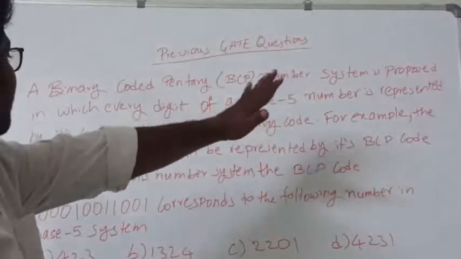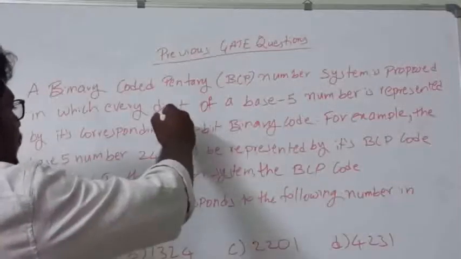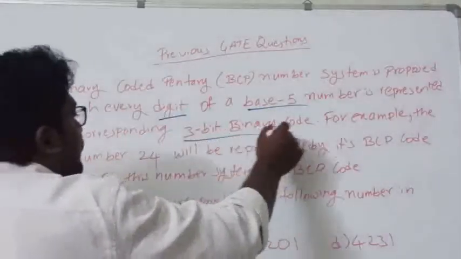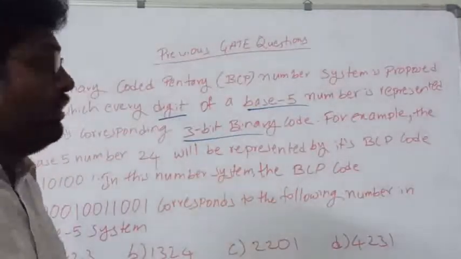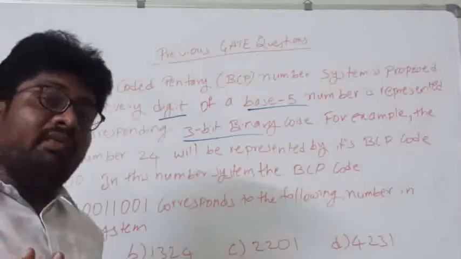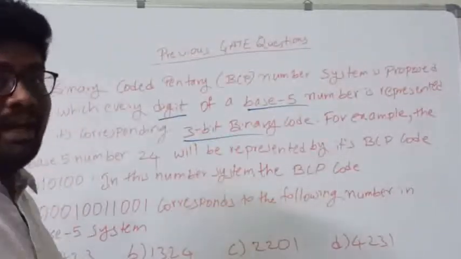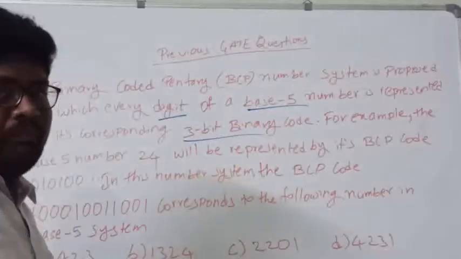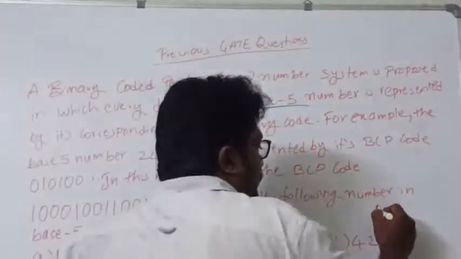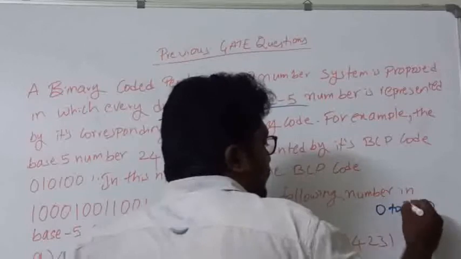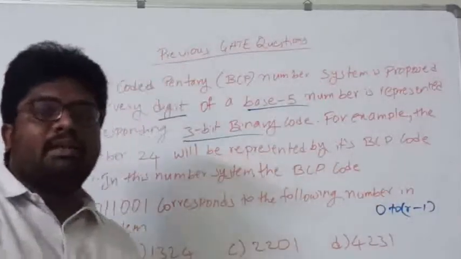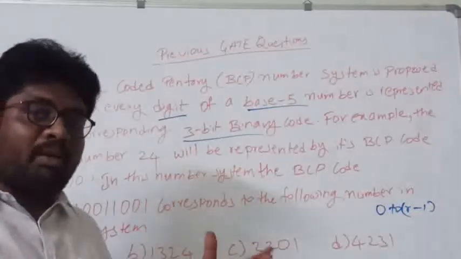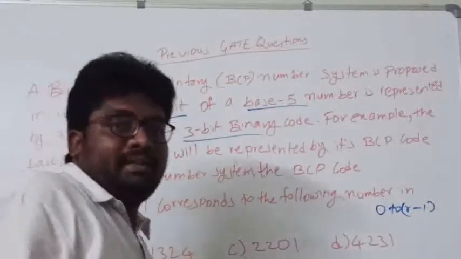It is said that a BCP number system is proposed in which every digit of a base 5 number is represented by a 3-bit binary code. As we have discussed in our first class about the base and the radix, for any number system we have a formula that 0 to r minus 1 represents how many digits will be represented in a particular base, right?